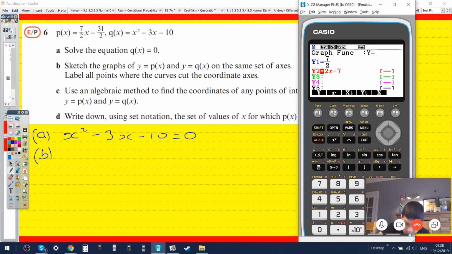Okay, so if it says y equals p(x) and y equals q(x), does that mean that p(x) and q(x) are equal to each other? At the point of intersection, they are, yeah. Oh, I should solve this in the graphical. Yeah. So, okay.